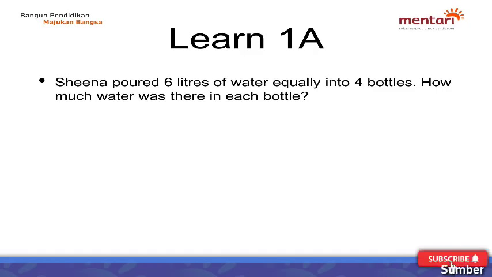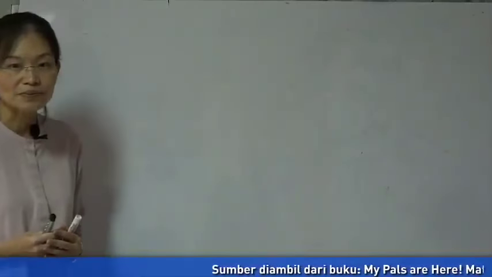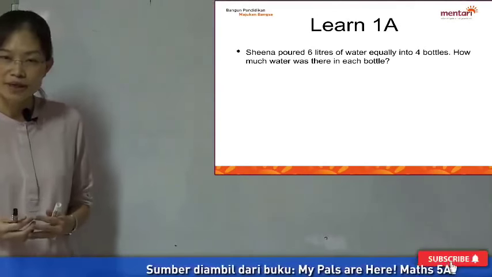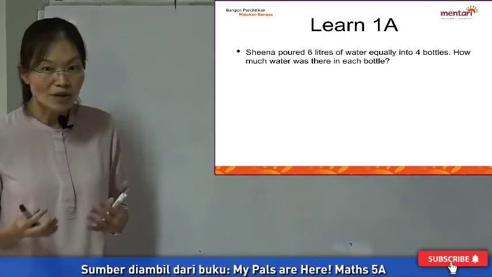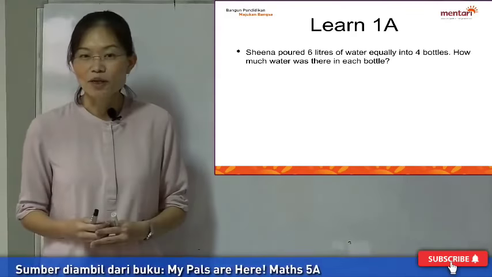Right. We can use bar model to solve this problem. Bar model is actually rectangles. These rectangles represent a quantity. In the word problem that we try to solve now, we are talking about a quantity of water. What do we know from the word problem?